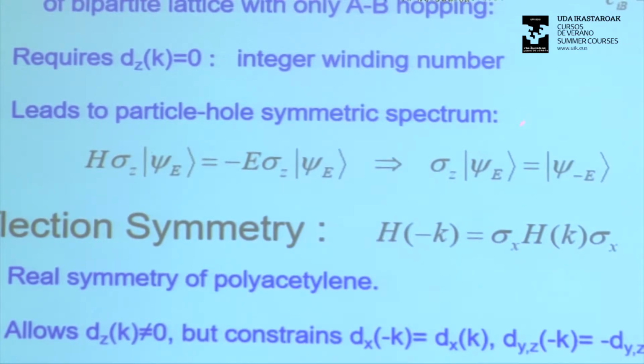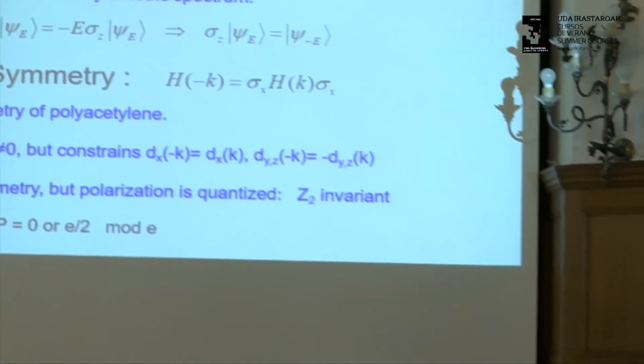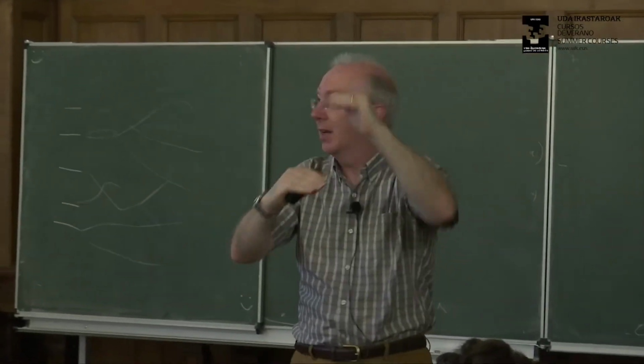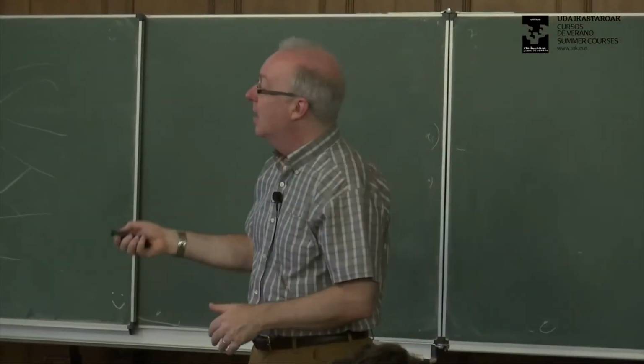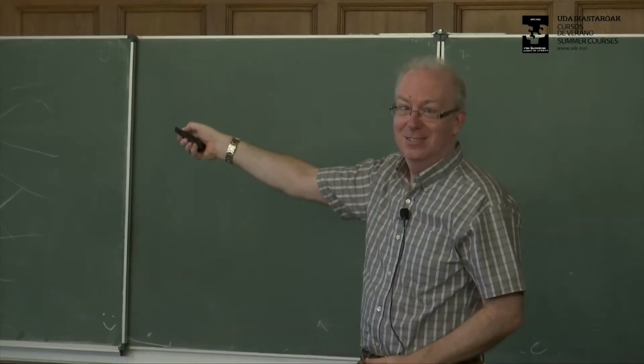So that tells us that sigma z acting on the state at energy E is an eigenstate with energy minus E. So the eigenstates come in positive E, minus E pairs, and so it has a symmetric spectrum. And indeed, if you look at this spectrum, it is symmetric.